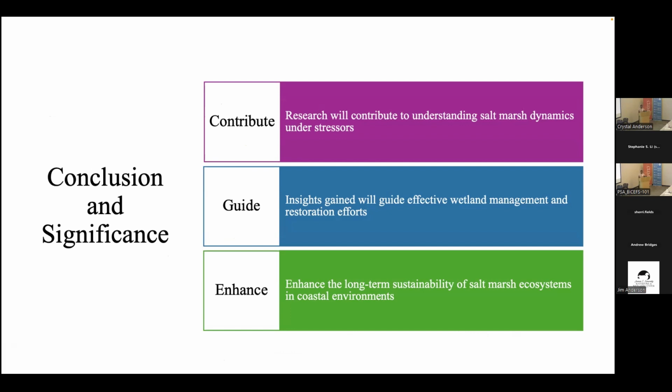The insight gained will guide the effectiveness of wetland management and restoration efforts, helping practitioners design strategies that support ecosystem resilience. Ultimately, this work aims to enhance the long-term sustainability of salt marsh ecosystems, ensuring their continued function and benefit in coastal environments.